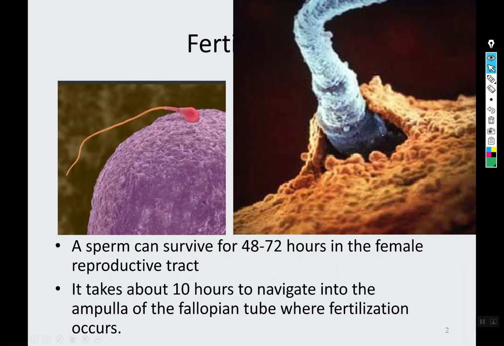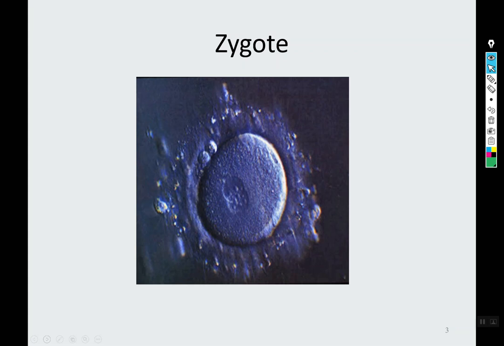So this is a sperm who has managed to burrow into it, and this is likely the moment of fertilization. A spermatozoan can survive for between 48 and 72 hours in the female reproductive tract, and it takes about 10 hours to navigate into the ampulla of the fallopian tube where fertilization occurs.